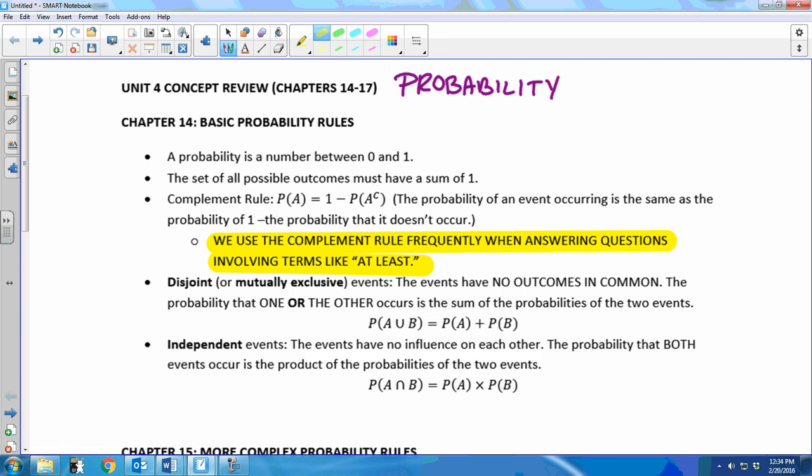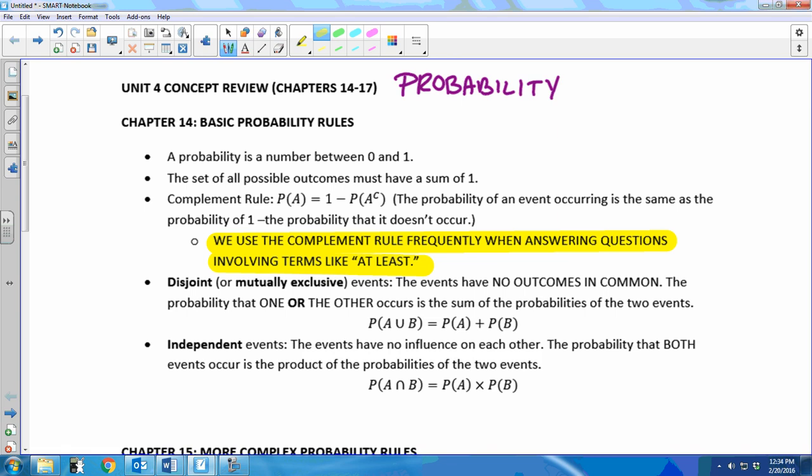Because at least 5 means 5 or 6 or 7 or 8 or 9 or 10 or 11 or 12, right? So at least, we want to use 1 minus the probability that you don't get 5 green M&Ms. All right, so different ways to do that. But keep that in mind. We use that rule a lot, actually, in Chapter 17.